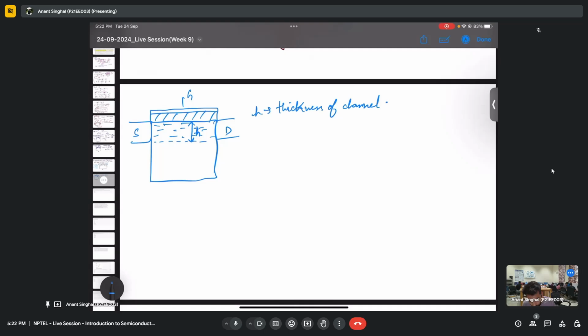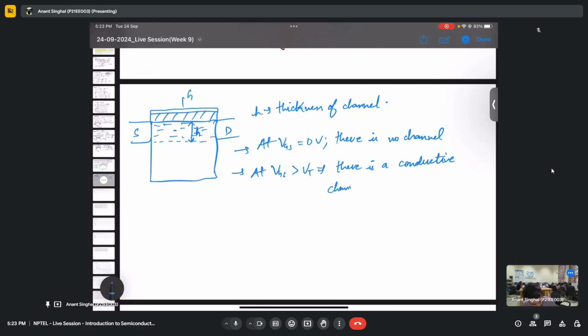Now what we know, at Vg equal to 0 volts, there is no channel. At Vg greater than Vt, what happens? Inversion happens. After the inversion we have a channel, a conductive channel of electrons, and that is between source and drain.